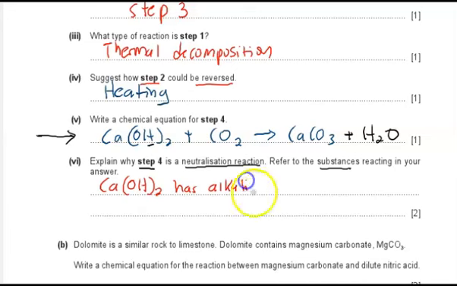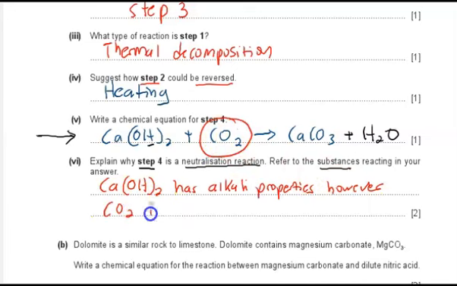However, this carbon dioxide is acidic. So what happens when you have an alkaline mixed with acidic, you form a neutralization reaction. So this is the explanation for this question.